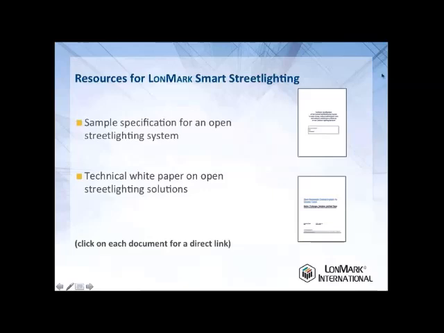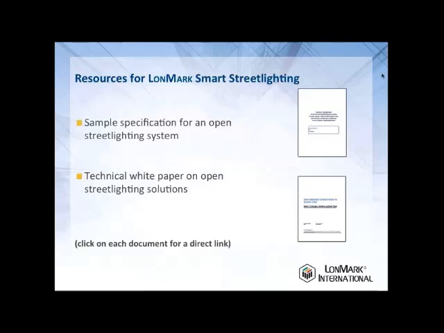To go further into the analysis of a LonMark smart streetlight solution, we have a website. If you go to lonmark.org, you will find some of these documents, or the two documents that I'm showing on the screen now. The sample specification, for example, is a document that helps cities and contractors to write their own tender, making sure that at least in your tender you have really open statements, open specifications.